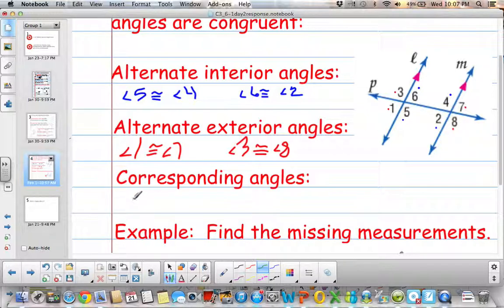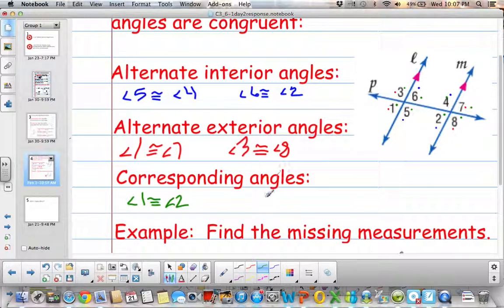So corresponding angles would be angle 1 corresponding to angle 2. We have angle 1 in the same spot as angle 2, and then we would have 5 and 8, 3 and 4, and 6 and 7.